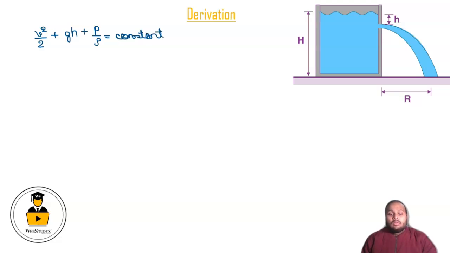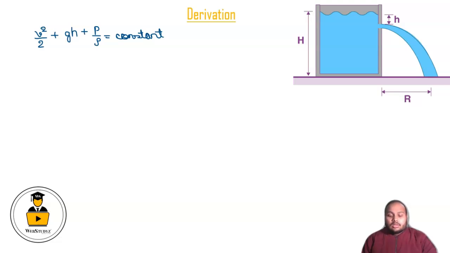Fine. Now, here V is the speed of the liquid, g is gravitational acceleration, h shows the liquid height above the reference point, rho is density, and P is the atmospheric pressure at the top of the container. In many places, we can get this as P naught.